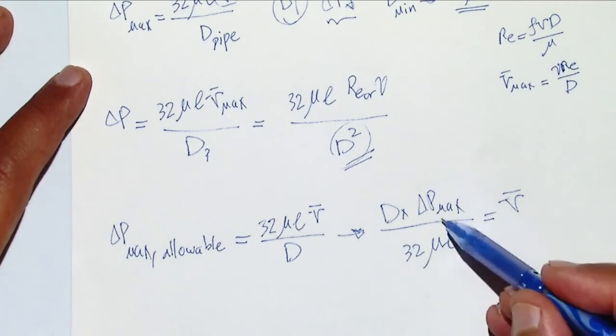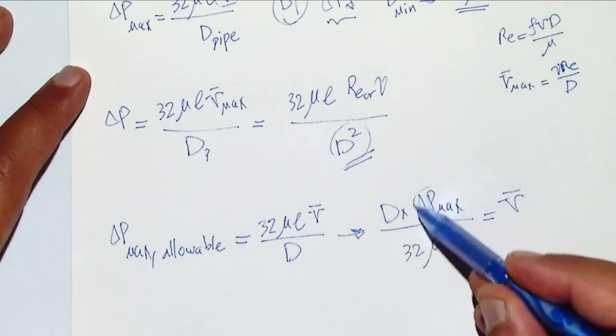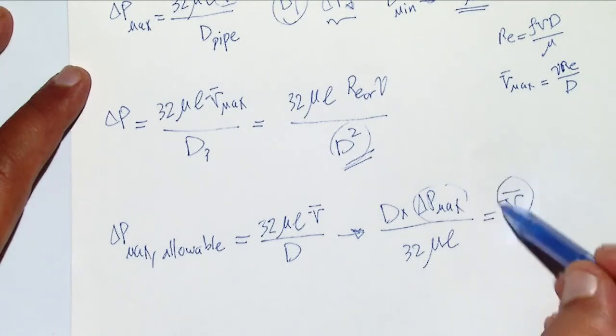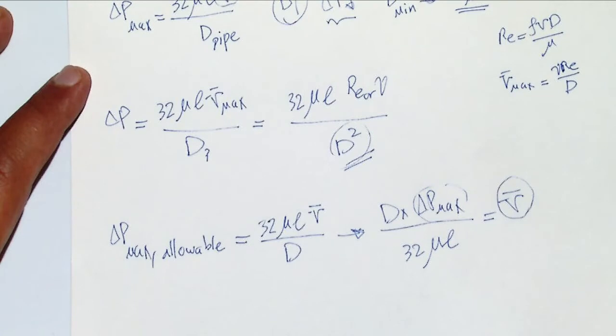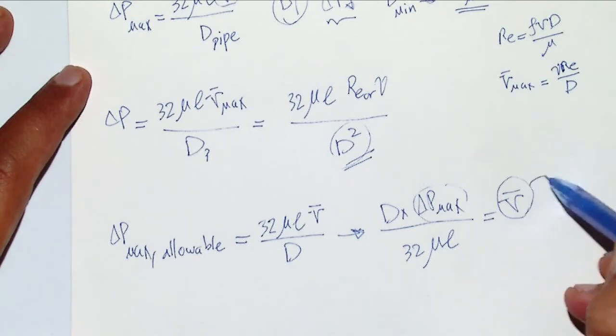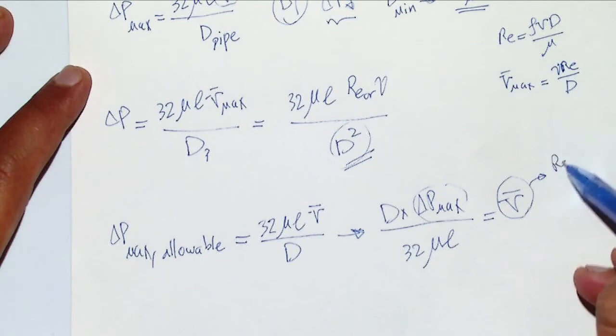So you are going to find the maximum allowable delta P to have the maximum amount for the velocity. The maximum allowable velocity is related to the Reynolds number, and because of this Reynolds number you will have the maximum number allowed to have a laminar flow.